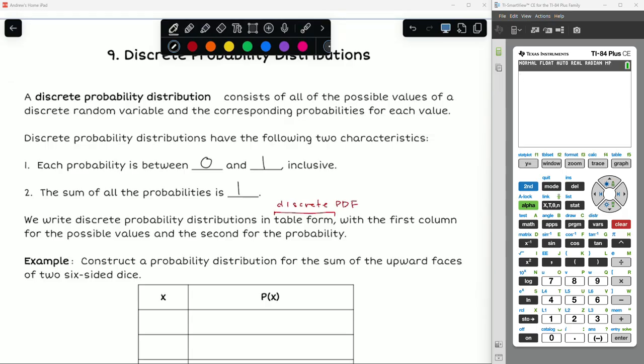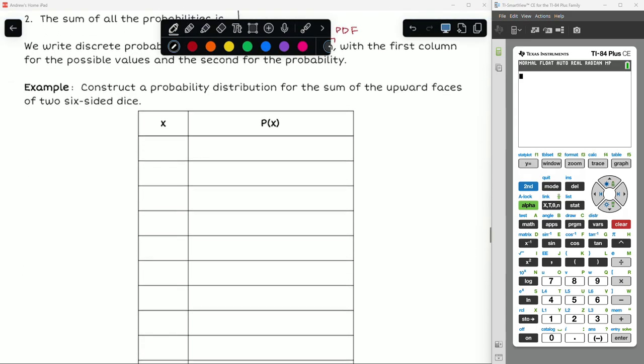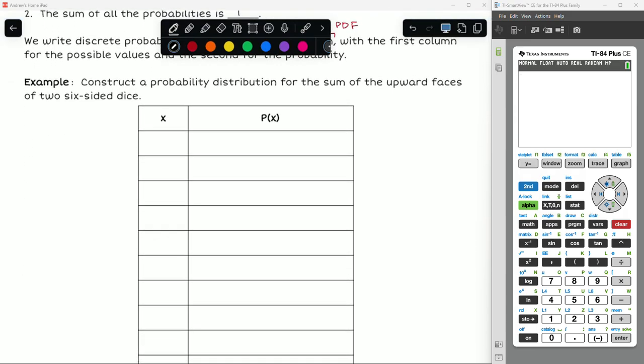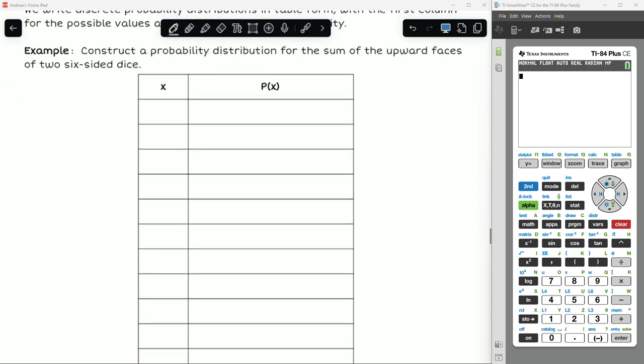Let's go ahead and do an example so we can see what a probability distribution looks like. For this example, it says construct a probability distribution for the sum of the upward faces of two six-sided dice. I know that if I roll two six-sided dice, the smallest number I can get is a 1 and a 1, and 1 plus 1 is going to give me 2.